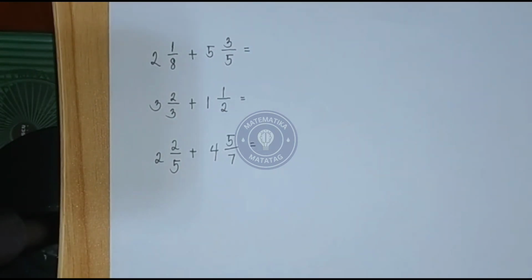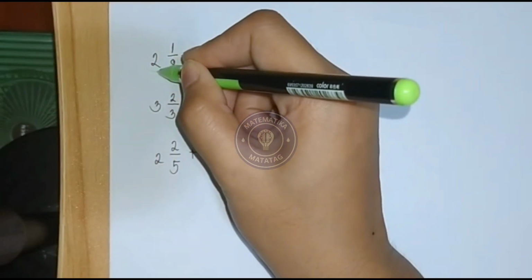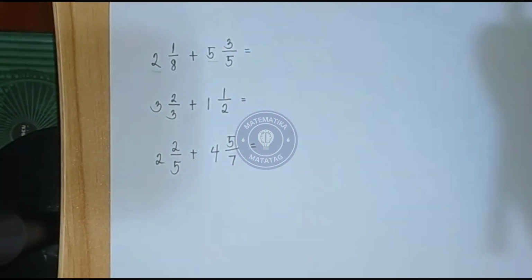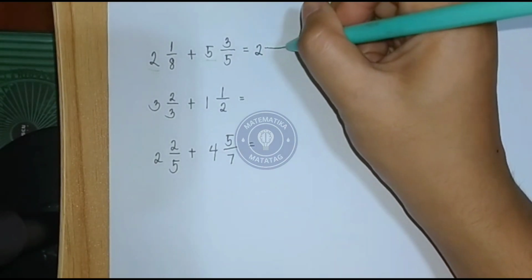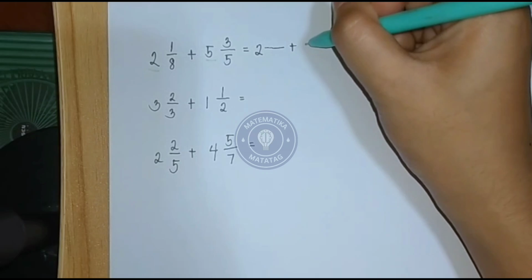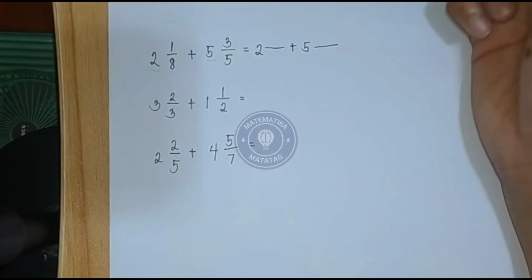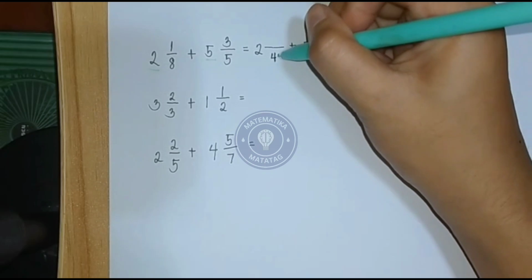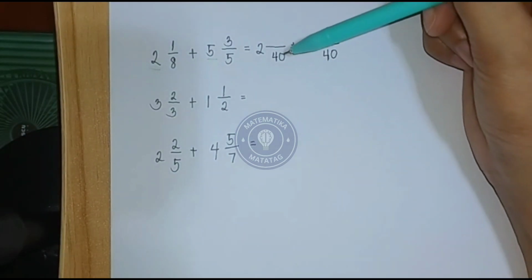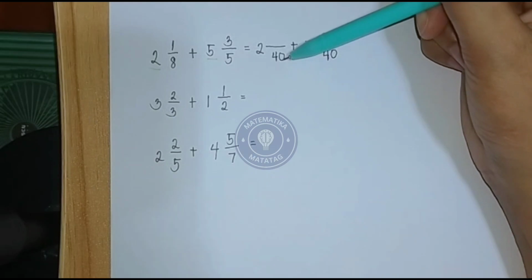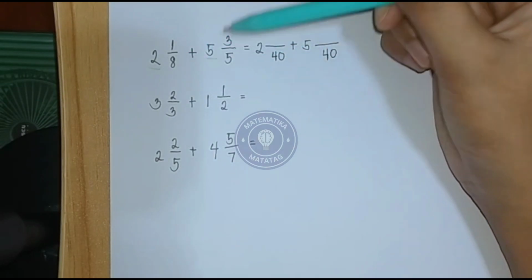So let us just rewrite or copy our whole numbers first. So we have 2, and then let's put a fraction bar here, and 5. Now our LCD is 40, and we're going to divide the LCD by the denominator of our fraction.